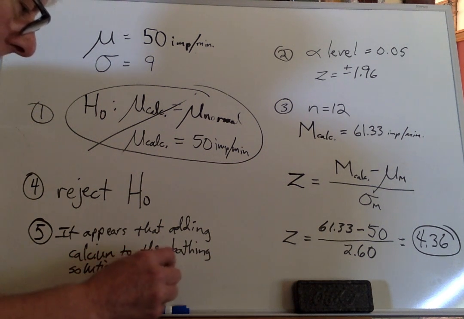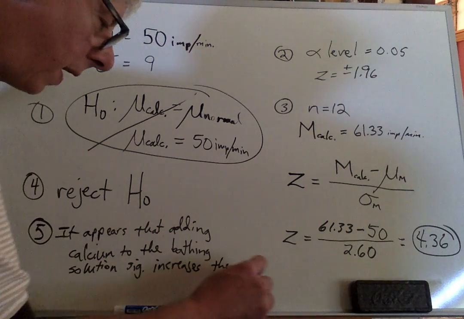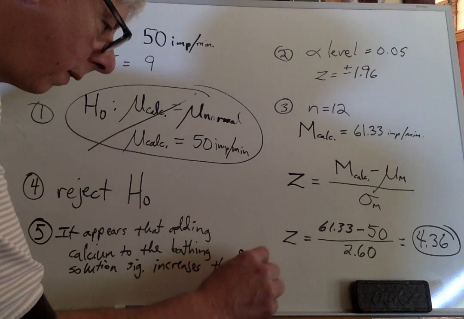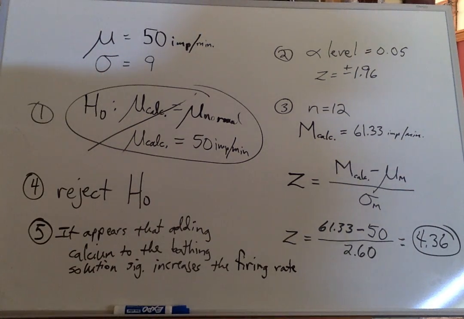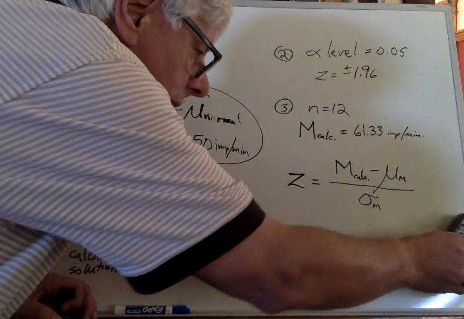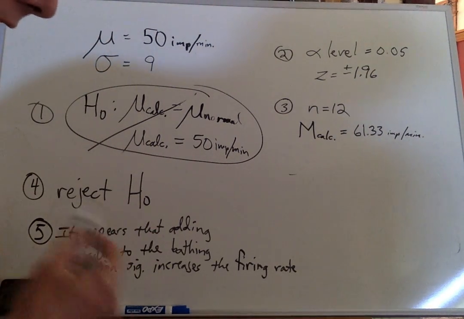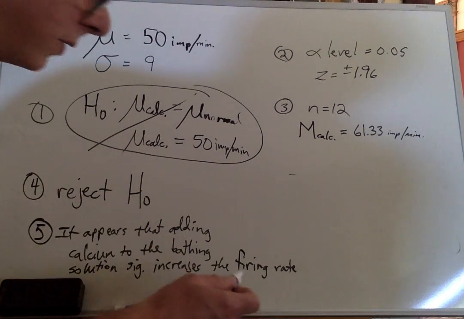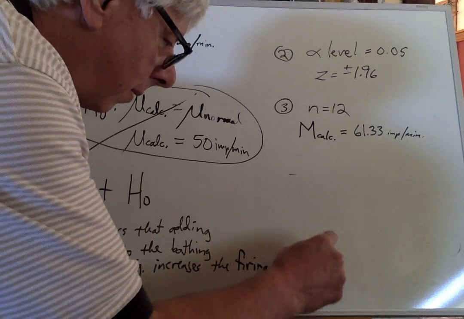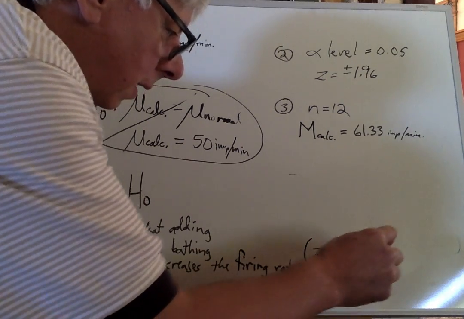Significantly increases the firing rate. And again, I'm going to erase this for now. Again, I want to tell the reader, tell myself, write in the journal report, whatever it is, your audience. So a Z of 4.36, is that what we said?